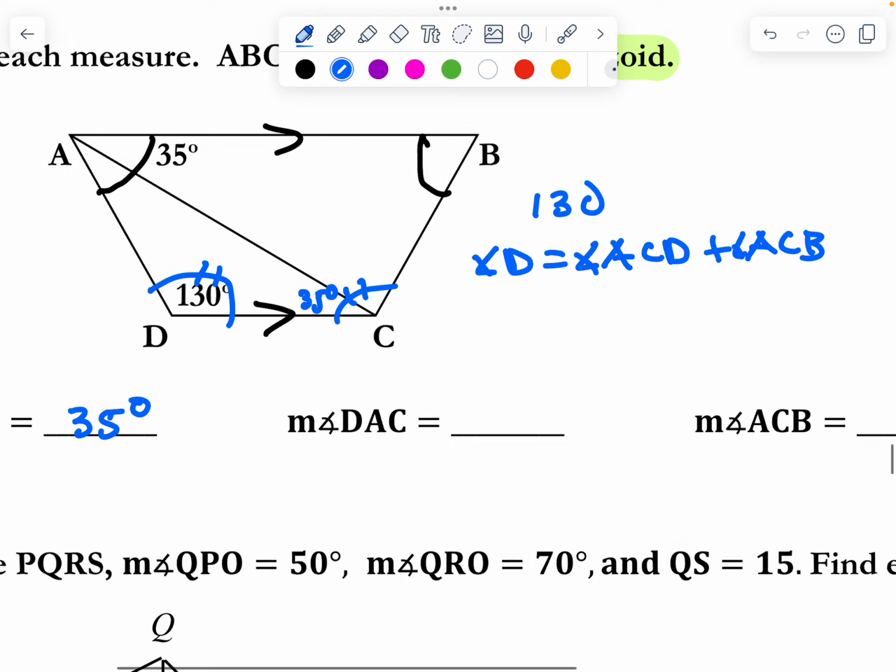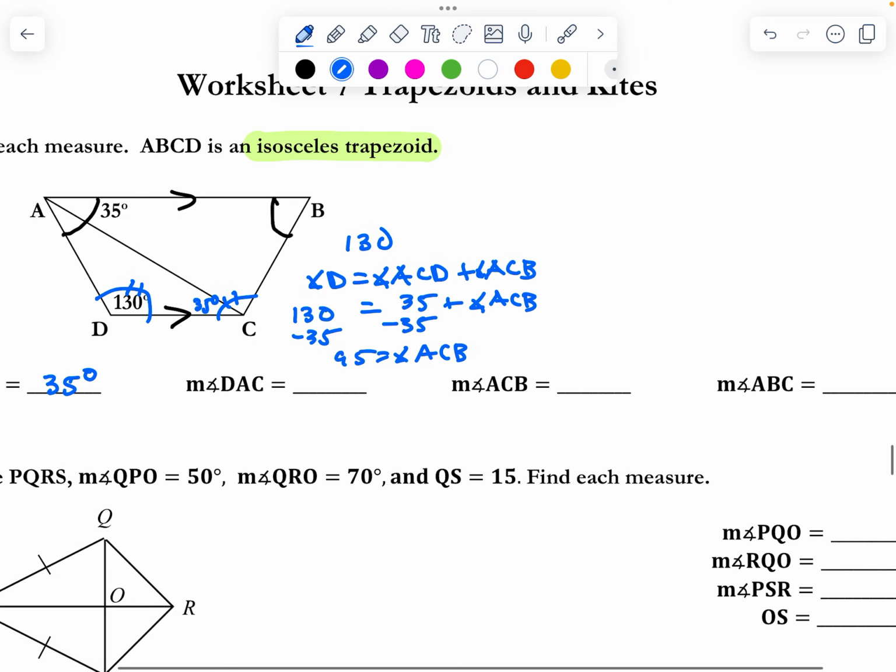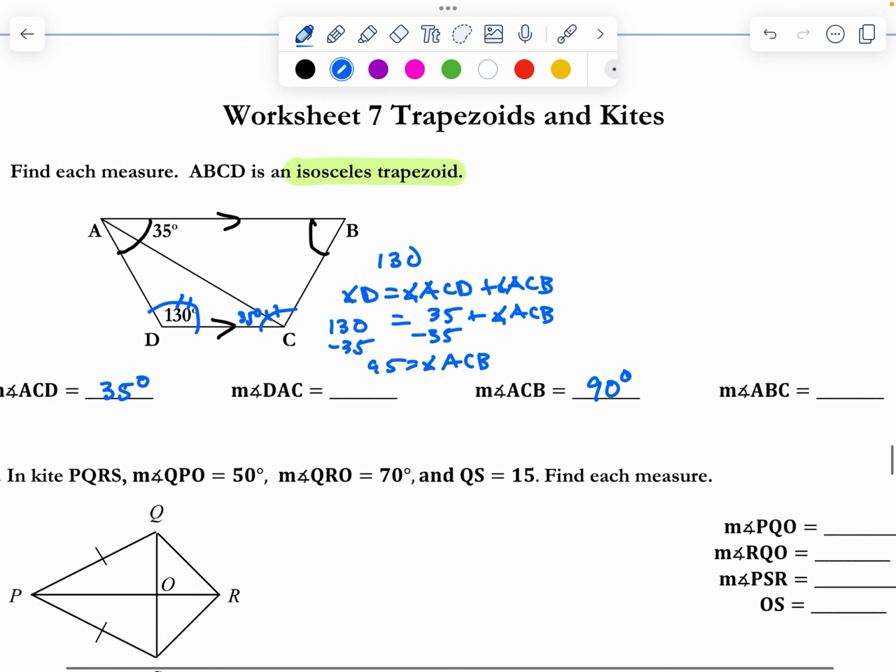We know ACD is 35. We know that angle D is 130. So therefore, ACB, we can find by just subtracting 35 on both sides, giving us 95 as angle ACB. So right away, we found it. And I put 90 when it should be 95. 95. Cool.